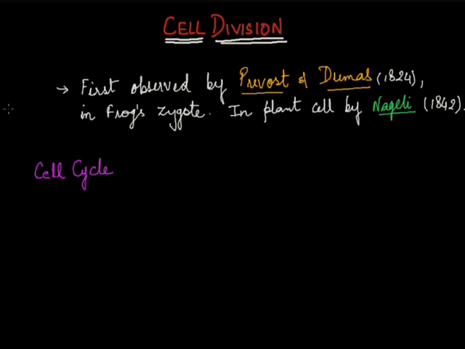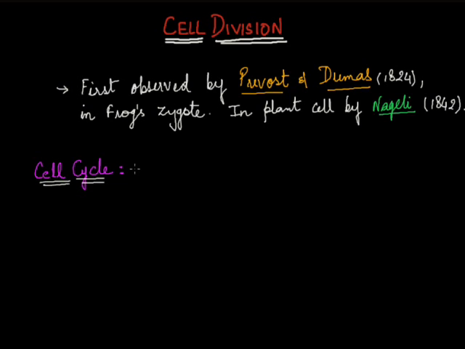As we all know, cycle means some cyclic sequence of events which occur in a predetermined manner. So what is happening in the case of the cell cycle? A cell cycle can be defined as a process in which a series of cyclic changes occur in the cell which leads to its multiplication.